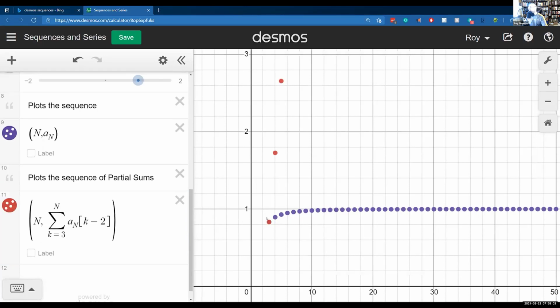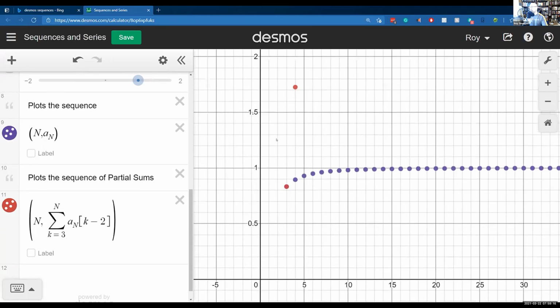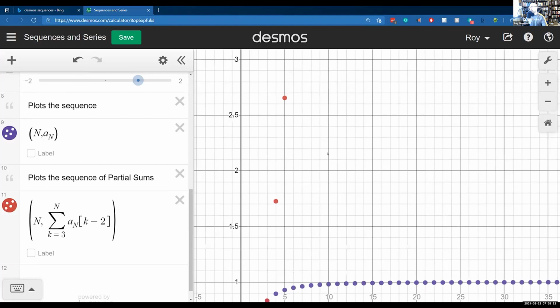So this one is s sub 3, which is a sub 3. This right here is s sub 4, which is a sub 3 plus a sub 4. Next one in line is s sub 5, which is a sub 3 plus a sub 4 plus a sub 5, and so on and so forth.